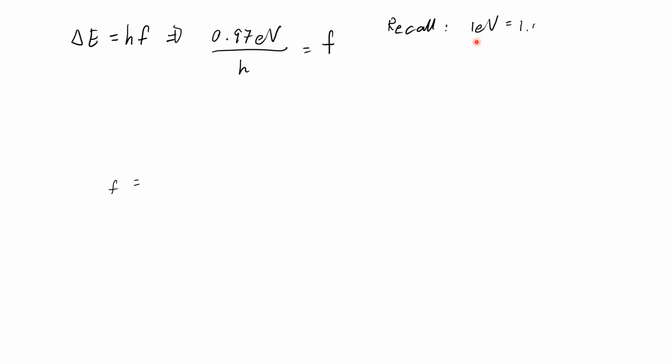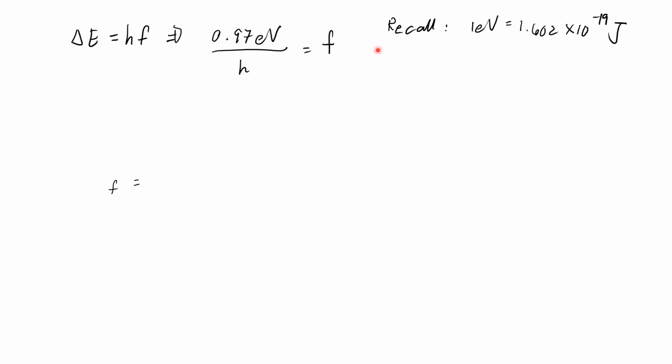So finding the wavelength, delta E is equal to Planck's constant times f. And we solve: f is equal to delta E, 0.97 electron volt, over h. So we can find the frequency. Recall again that 1 electron volt is equal to 1.602 times 10 to the negative 19 joule.